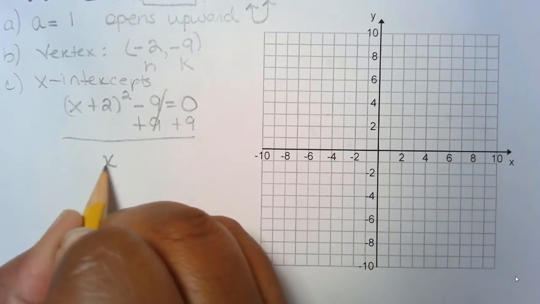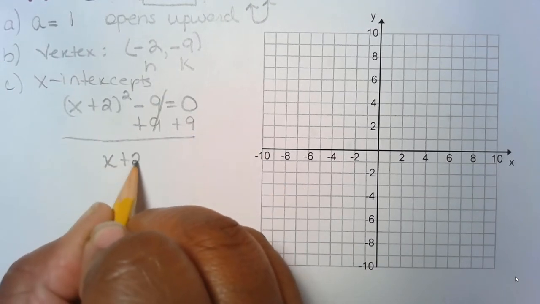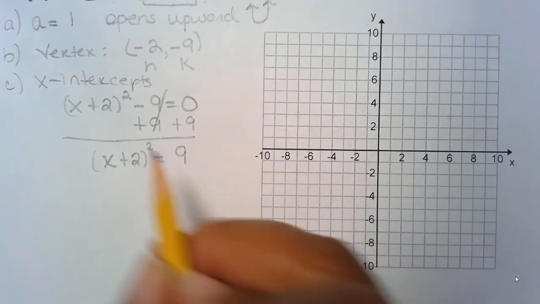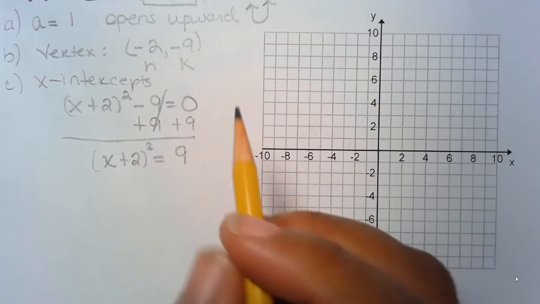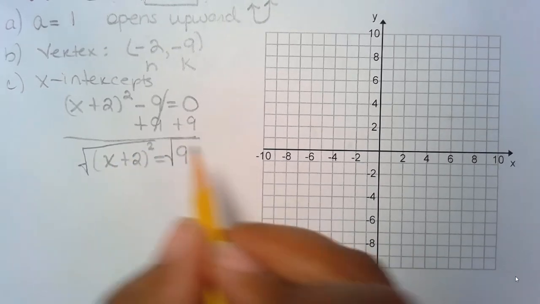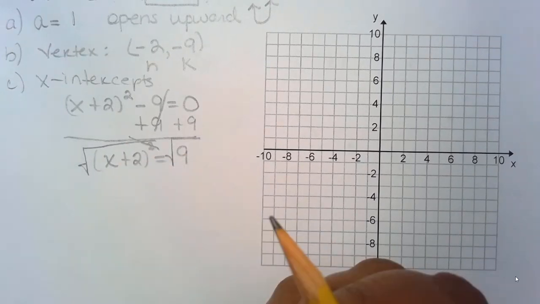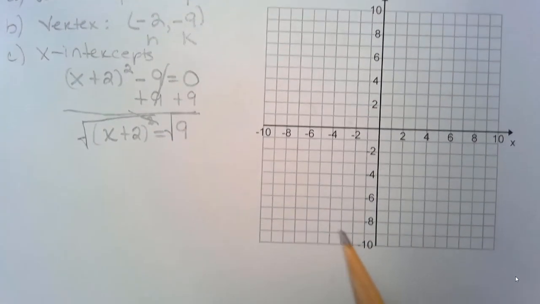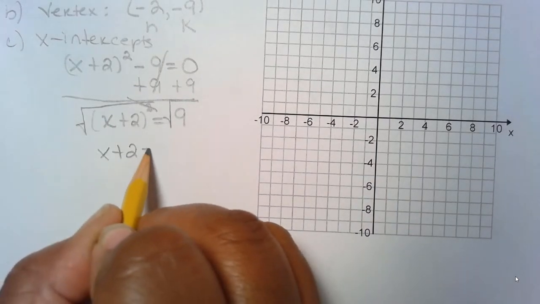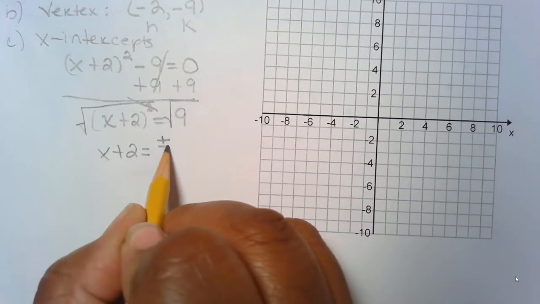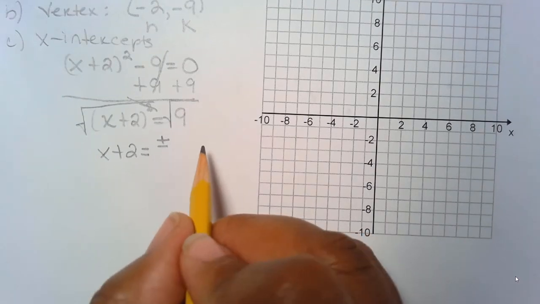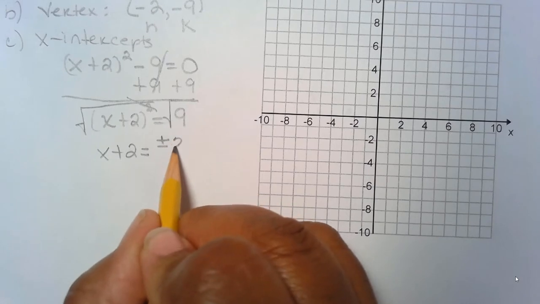We have the quantity of x plus 2 squared is equal to 9. To get rid of the exponent of 2, we're going to use the square root property. The exponent of 2 and the square root cancel. So then we have x plus 2 is equal to plus or minus 3, because remember when we use the square root property, we have two solutions.